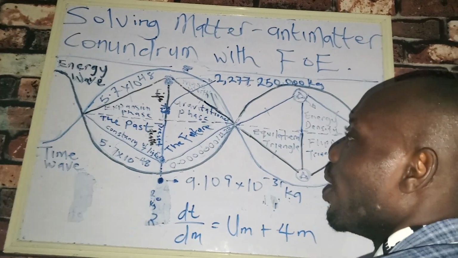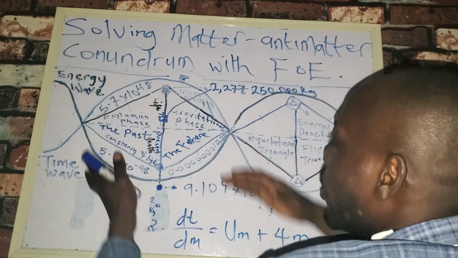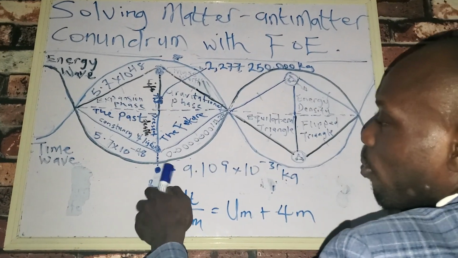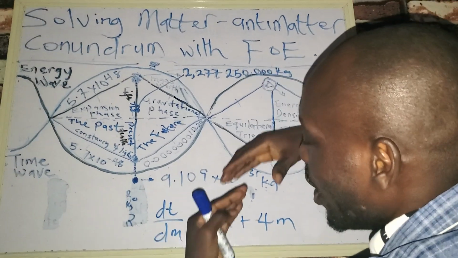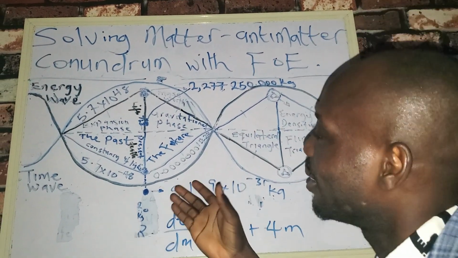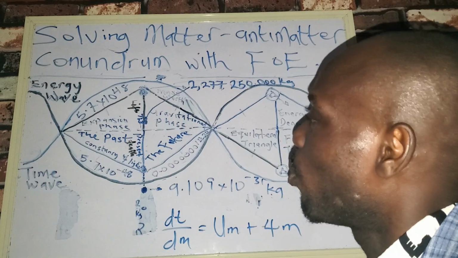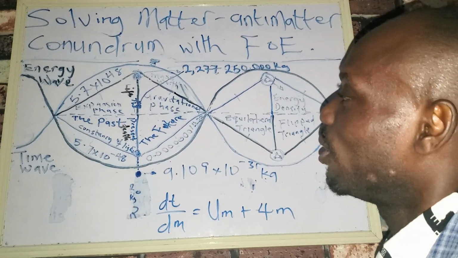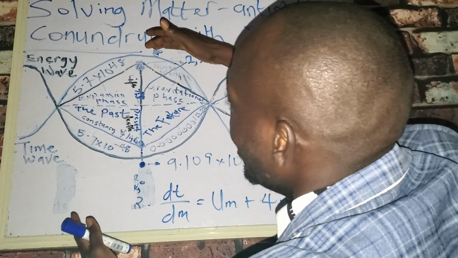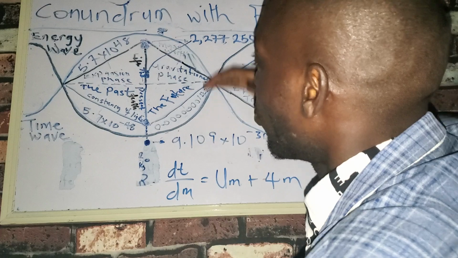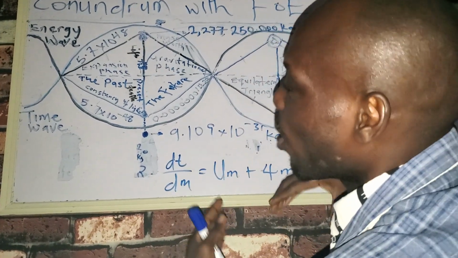So at the expansion phase, we don't have the inclusion of positron, but at the contracting phase, we have the inclusion of positron. And so we can say the reason why we are unable to see antimatter in the universe is because the expanding phase is what we have to ourselves, while the contracting phase is inside the black hole.